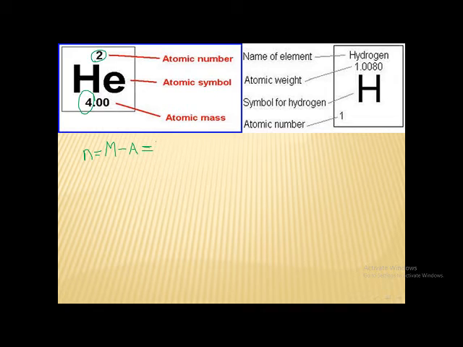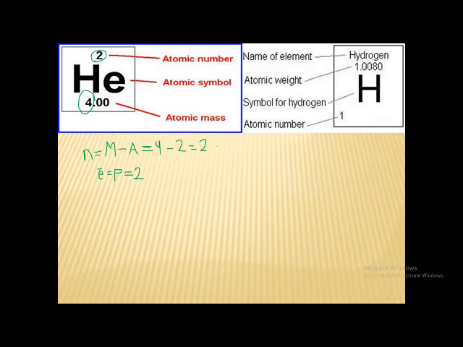So it's 4 minus 2, and the number of neutrons is 2. What is the number of electrons? Is it neutral or not? Yes, it's neutral. So the number of electrons is the number of protons. That means we have 2 electrons.